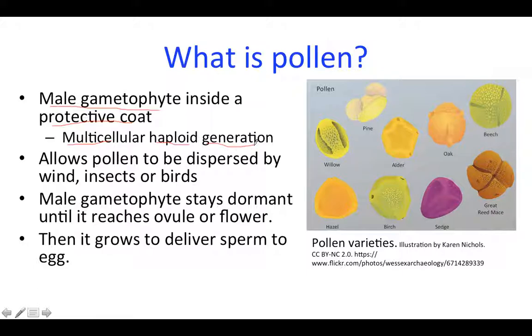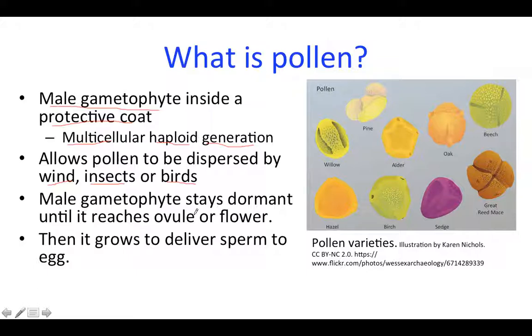By male, we know that it's going to be making sperm, not eggs. And because the male gametophyte is enclosed within this protective coat, this is going to allow pollen to be dispersed in various ways depending on the species, sometimes by wind or insects or other animals like birds.